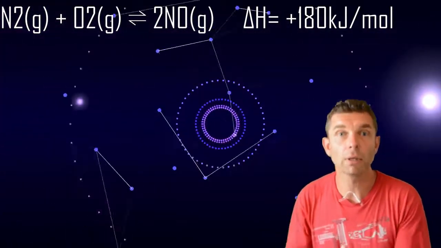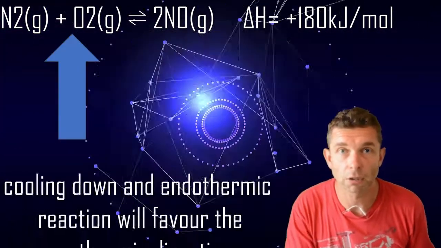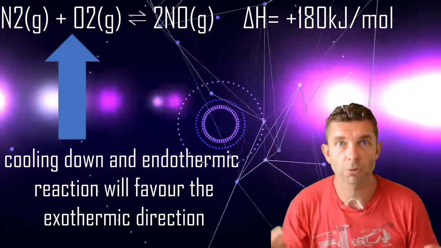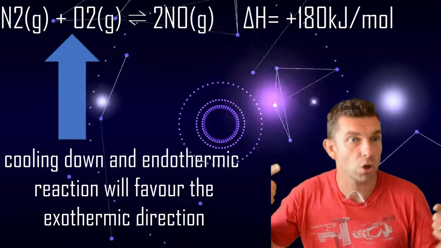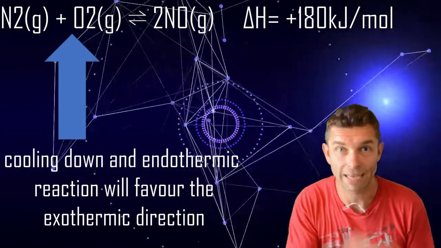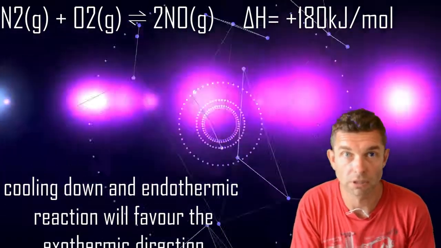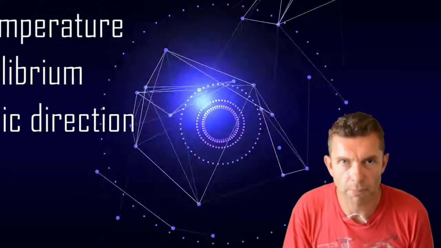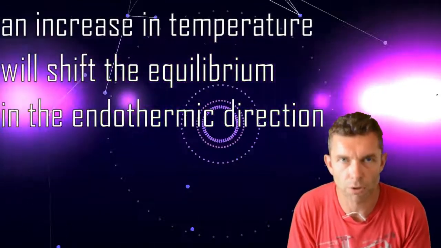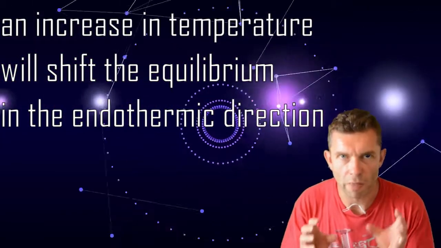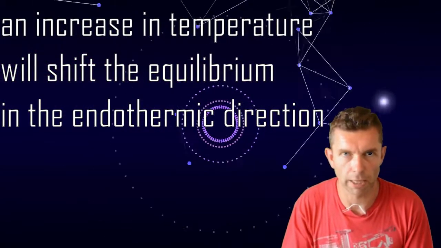Well, the equilibrium will shift in the other direction, because remember, it's a reversible reaction, so if I cool it down, it will favour the opposite reaction, the exothermic one, which is exactly the same but the other way around. Okay, so key it into your heads. Remember, an increase in temperature favours the endothermic reaction. So just drill that into your head, and then you can use that to apply it.